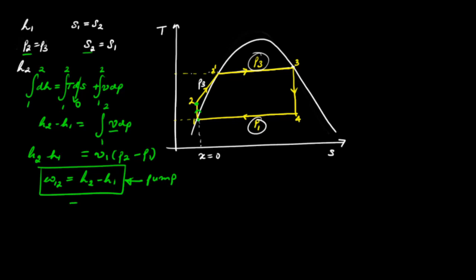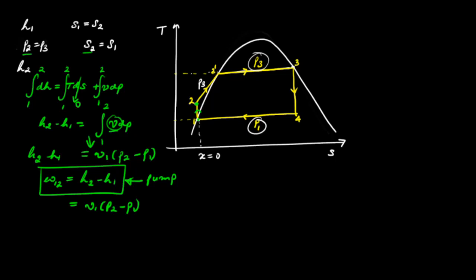And this is obviously equal to V1 times (P2 minus P1). And this approximation that we have made is possible because the specific volume is a weak function of pressure, but this is not the case if the substance is in a vapor state. This is only for a compressed liquid state.